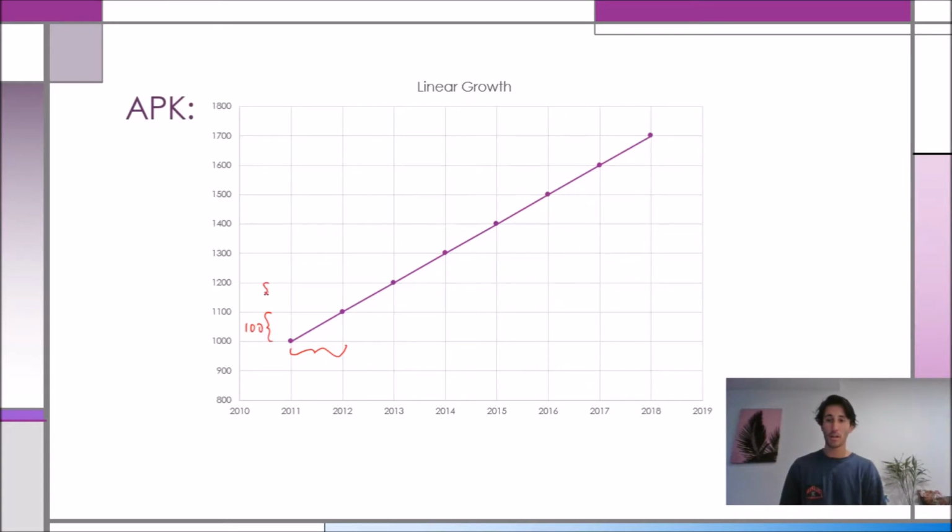It's changing by 100 each time. If I go up here, this point, 2016 to 2017, also changes by 100. So that's what characterizes linear growth.